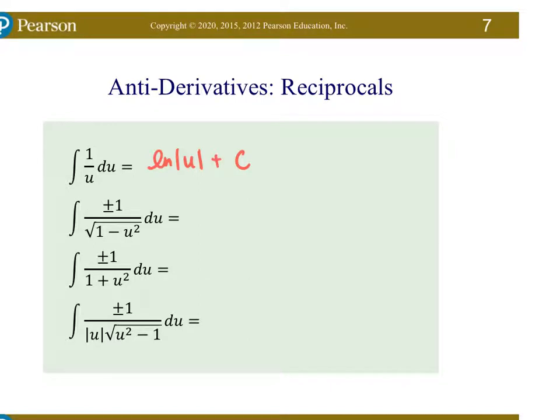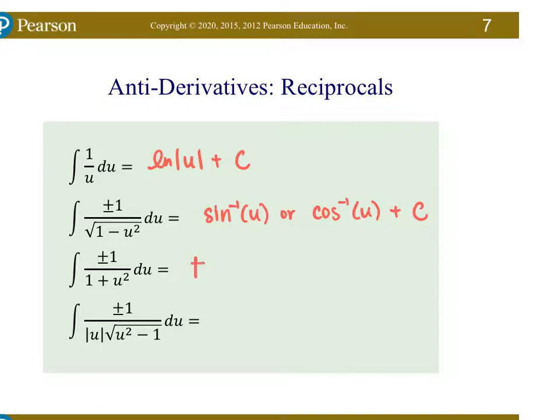The other three are all inverse trig functions, so this would be either inverse sine of u or inverse cosine of u plus c, depending on whether it was a positive or negative.